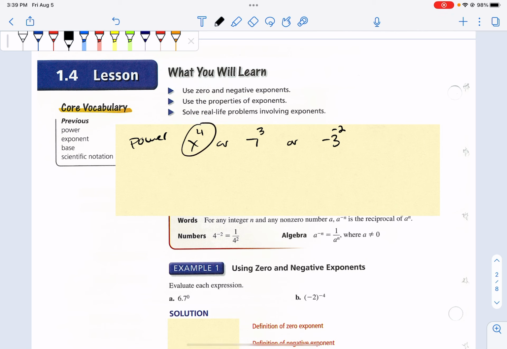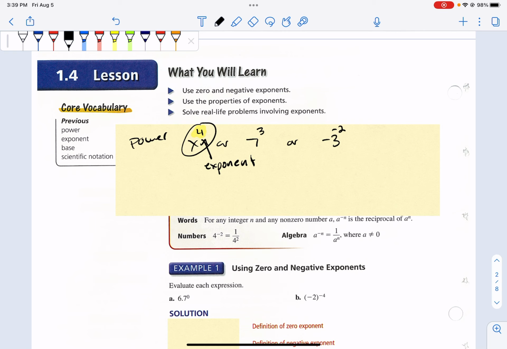This term right here is considered, they call it a power. We usually reference the number up here as the power. We call that number up there an exponent. That number tells me how many x's are being multiplied together.